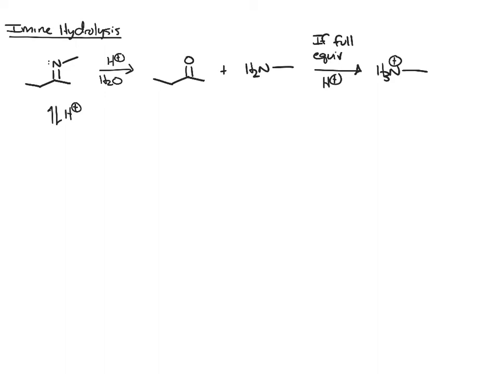Right. So we have our acid. This imine is a lot like a C double bond O. Right. The first step with a C double bond O, protonate the oxygen. Right, the amine is going to be very similar. So protonate your nitrogen.